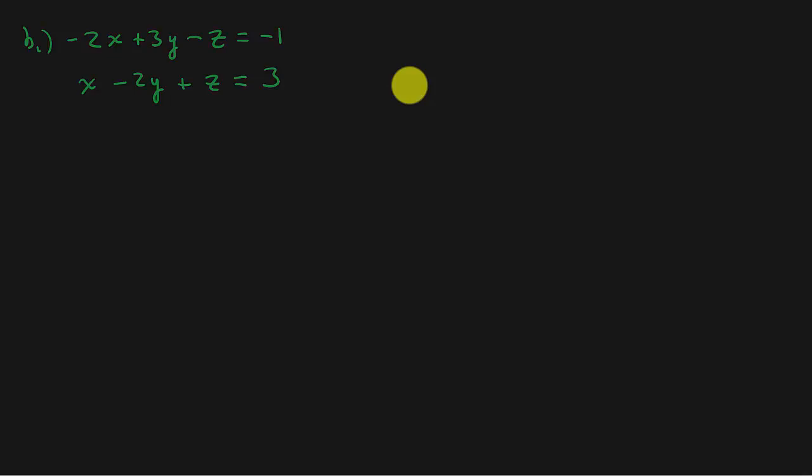I can't pair the first with the second, first with the third, because there's only 2 equations. I've got 2 equations and 3 unknowns. So what I want to do is just eliminate one of the variables.